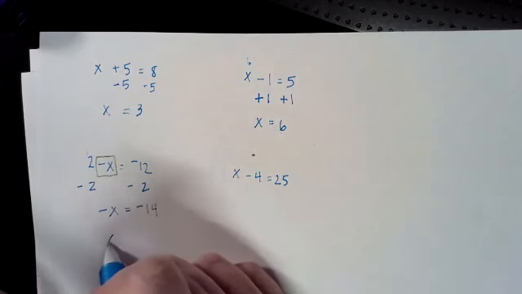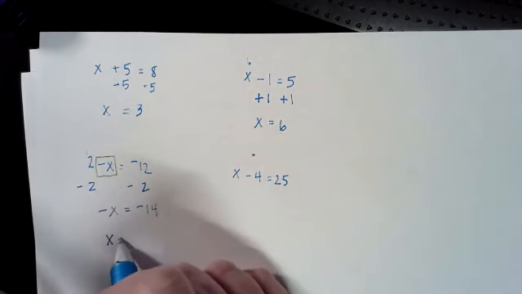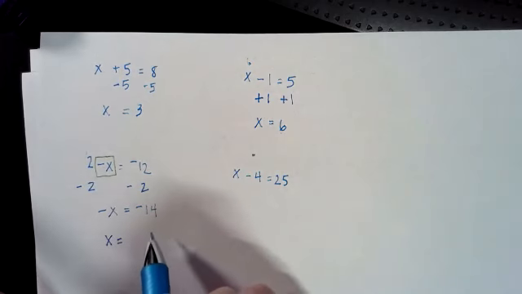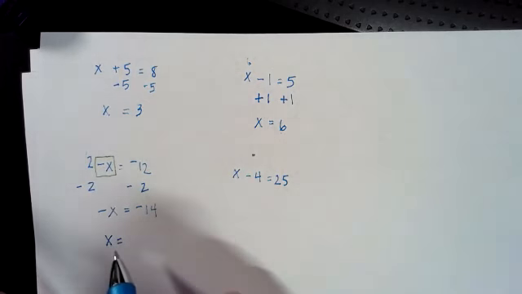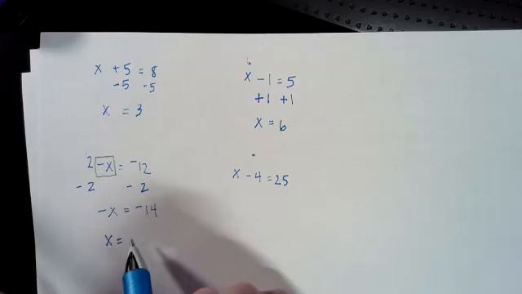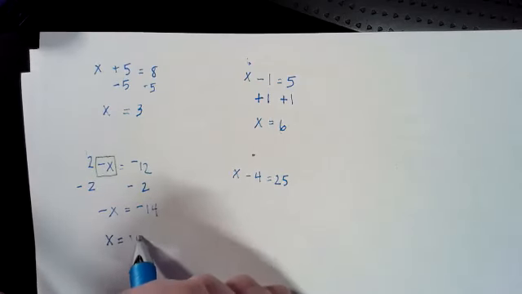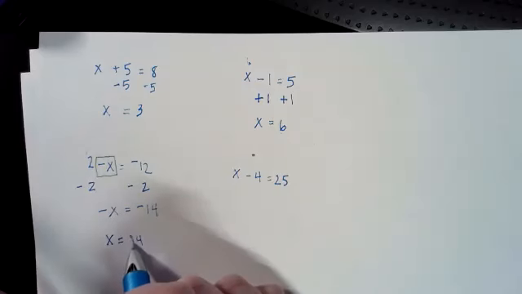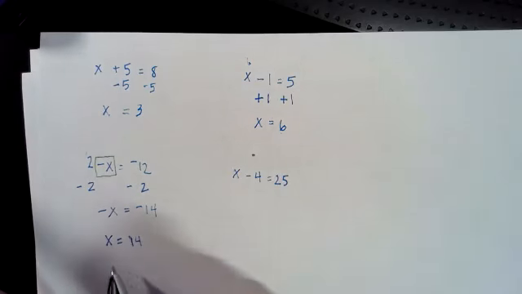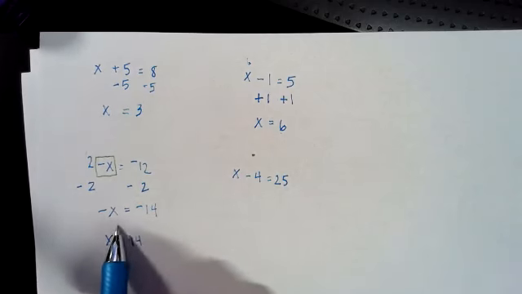We're just going to flip the x to positive, flip the number opposite of whatever it is. In this case, it's negative 14. We're going to flip it to positive 14. And this is the answer you'll see on your GED test. X equals 14. You will not see negative x.